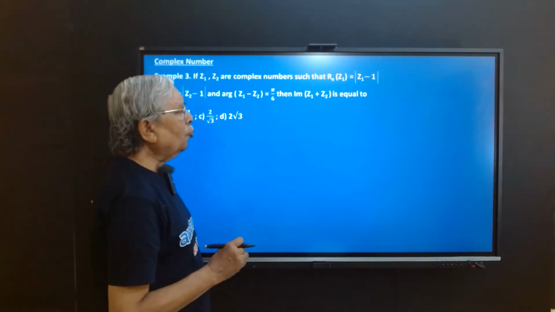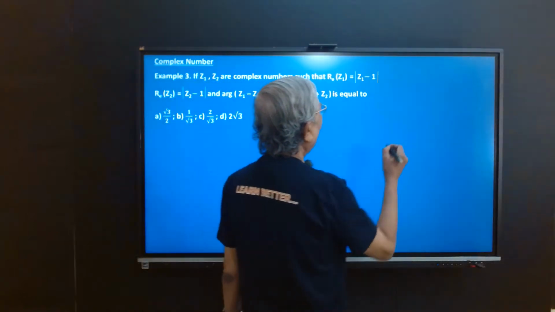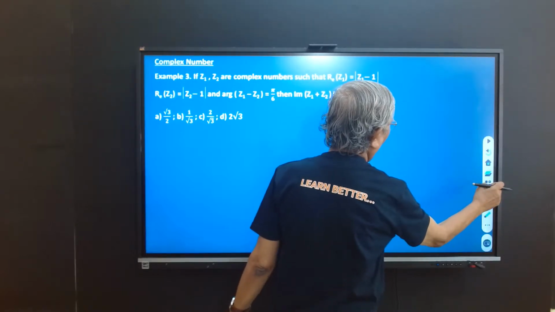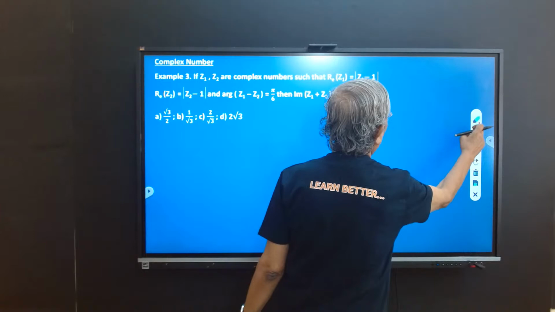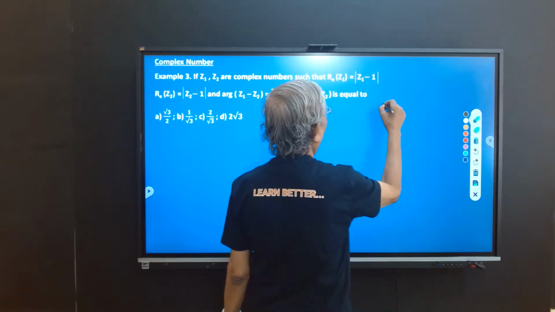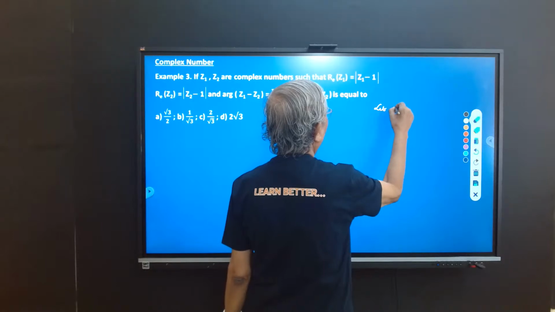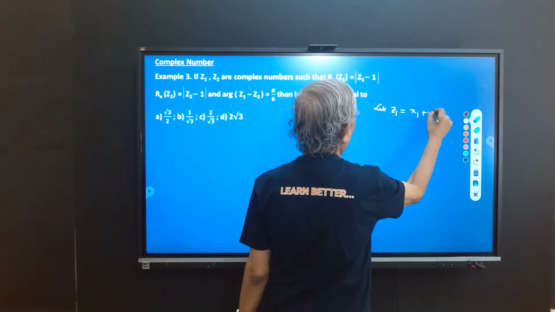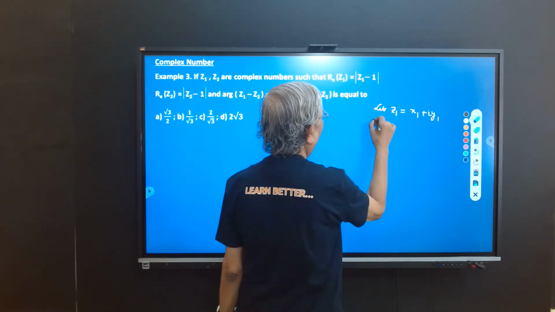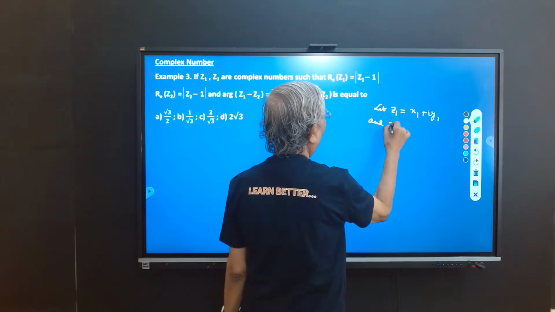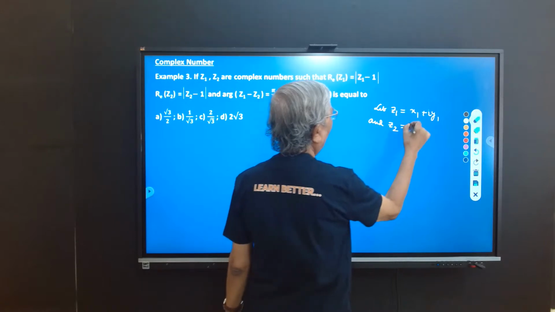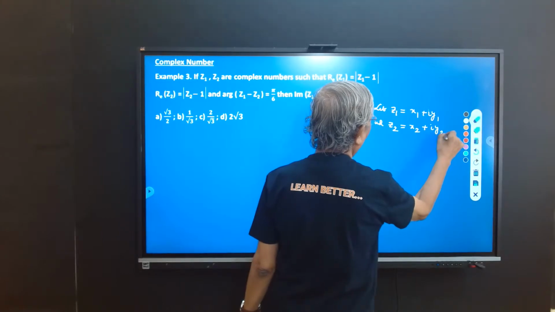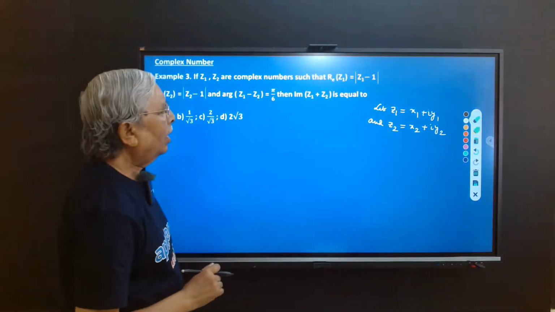So let us take the two complex numbers: z1 equals x1 plus iy1 and z2 equals x2 plus iy2.